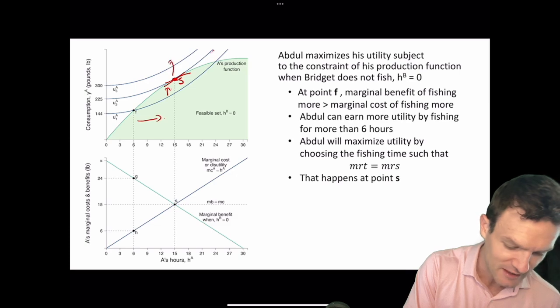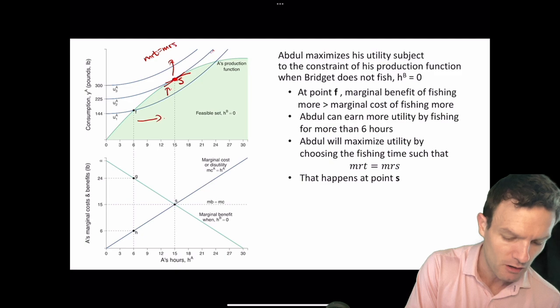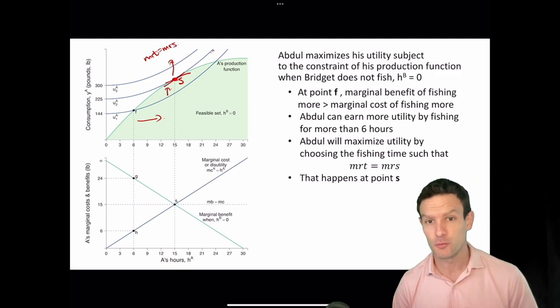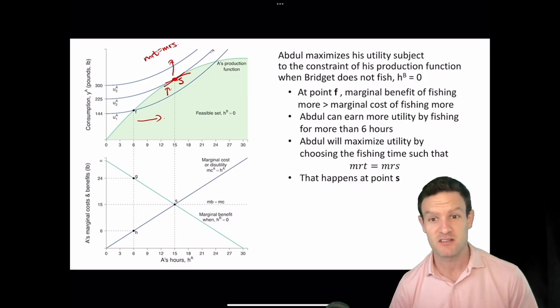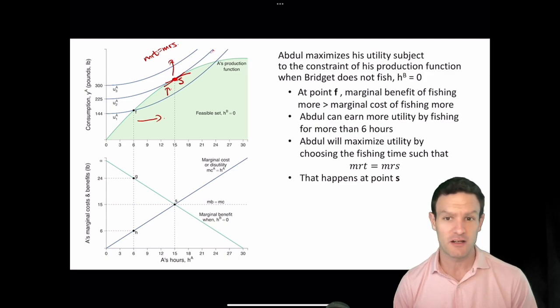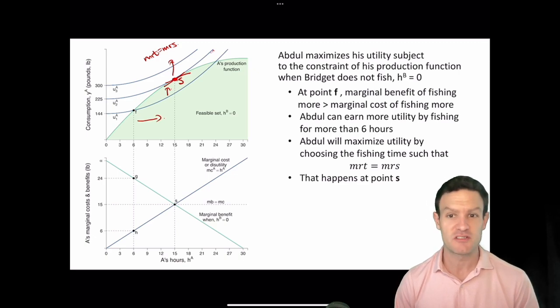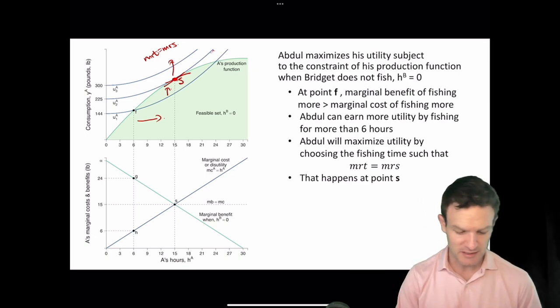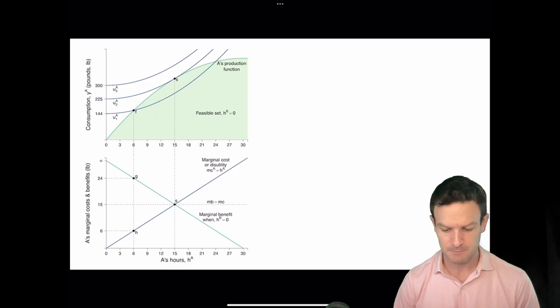So what we can write there is MRT equals MRS: the negative of the slope of the indifference curve equals the negative of the slope of the feasible frontier. So MRS equals MRT. When your trade-offs are equal to your opportunity costs, you are maximizing your utility subject to a constraint. Similarly, at point S, as we're going to unpack further, marginal benefits are equal to marginal costs.